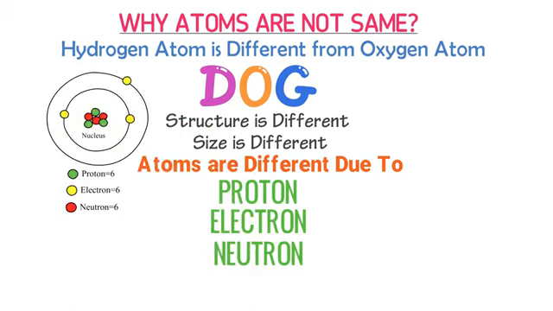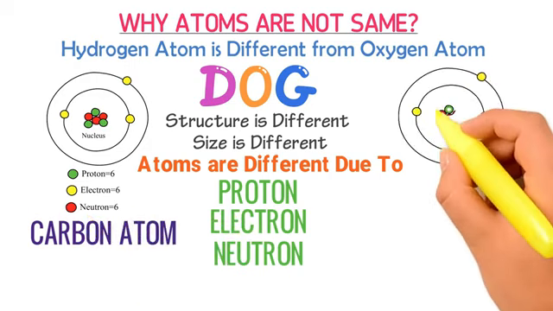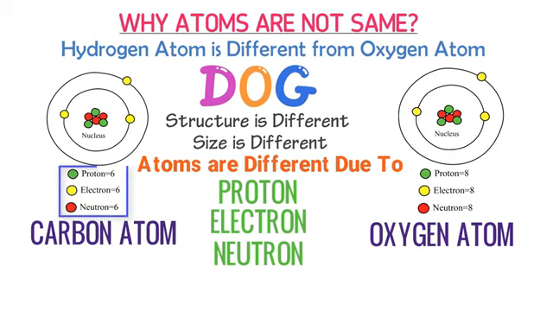For example, when 6 protons, 6 electrons, and 6 neutrons combine together, they form a carbon atom. Secondly, when 8 protons, 8 electrons, and 8 neutrons combine together, they form an oxygen atom. Now, wherever we find an atom having 6 protons, 6 electrons, and 6 neutrons, we call it a carbon atom.